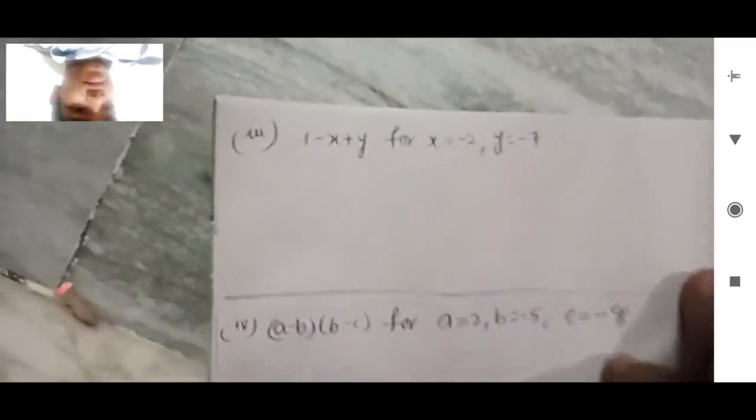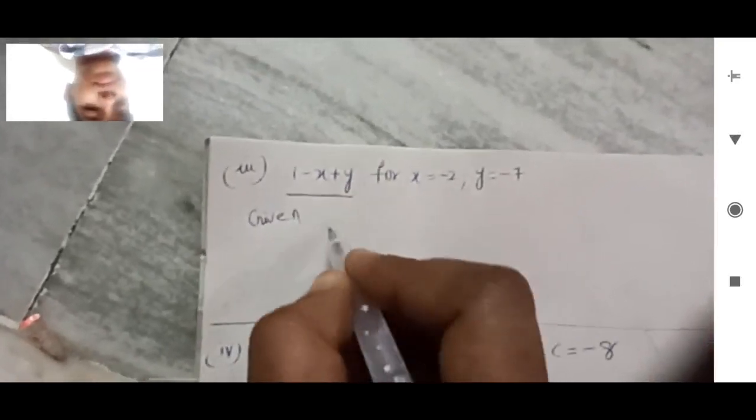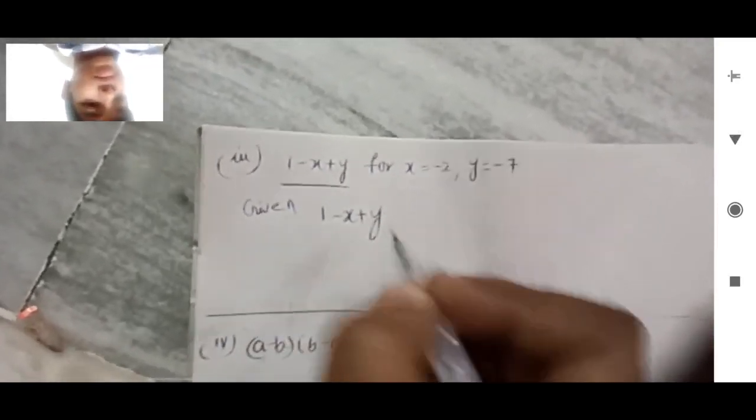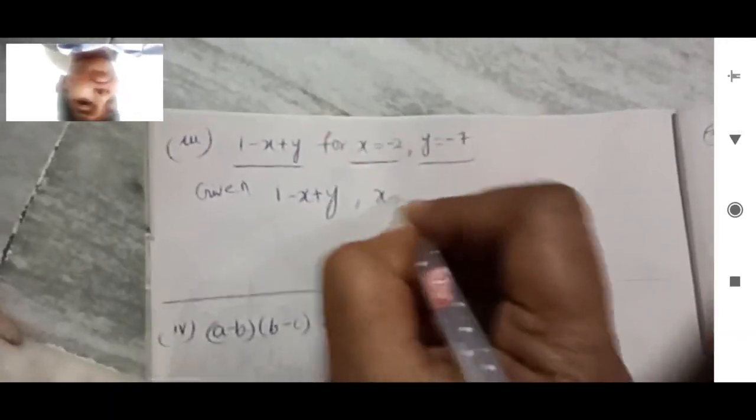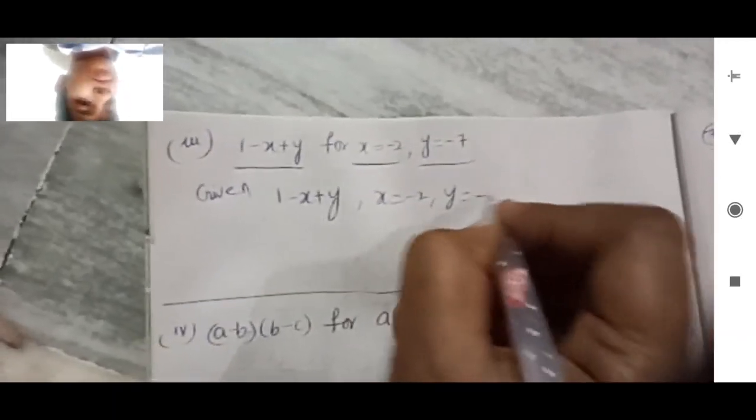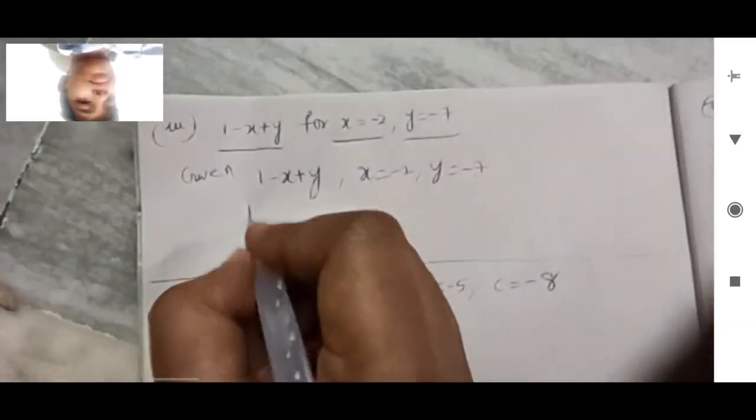So next one. The algebraic expression what they have given? Given algebraic expression 1 minus x plus 5y. So here x is equal to -2, y is equal to -7 we have to substitute. So in the place of x, 1 minus -2 we have to place.